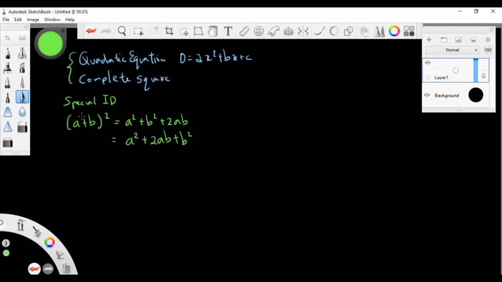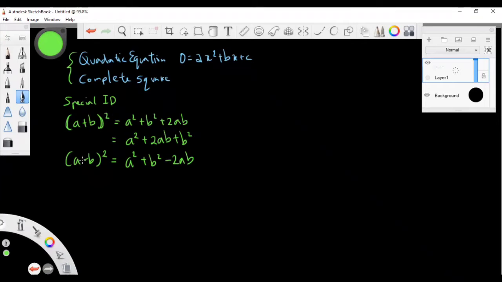I don't want to focus on how to expand (a plus b), because we learned it previously in the expansion method. If I have (a minus b) squared, it's supposed to be a squared plus b squared minus 2ab. So what makes the difference? The difference is only on 2ab. On plus, everything is plus, including plus 2ab.